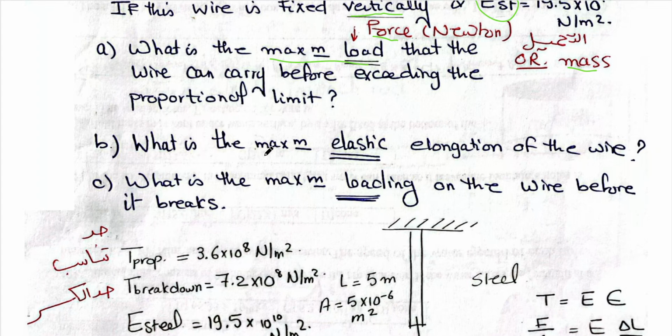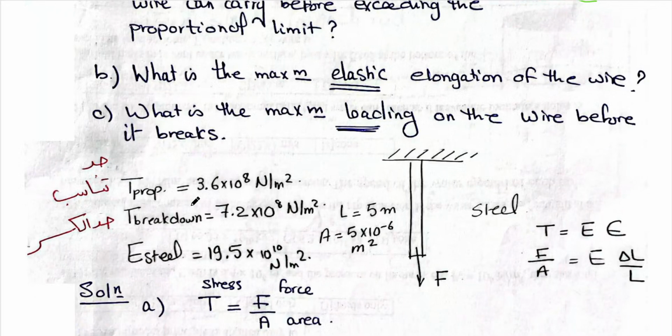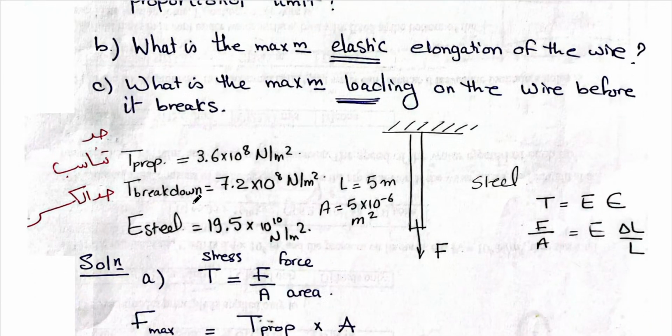Then we want the maximum elastic elongation of the wire and the maximum loading before breakdown. We can draw a small figure for explaining the example and put the givens on this figure as shown on this screen.